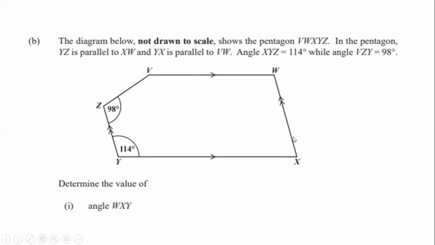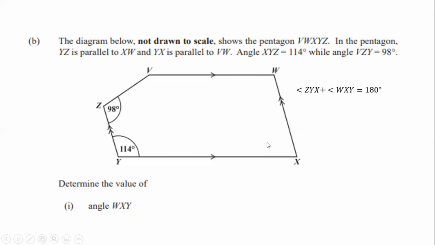To look at that, we're going to look at the parallel lines YZ and XW that are being cut by this transversal YX. What we know is that co-interior angles add up to 180 degrees.